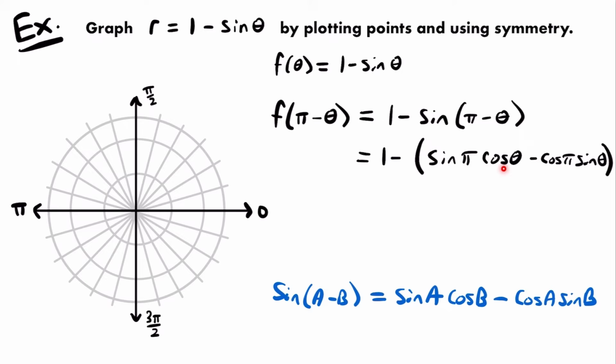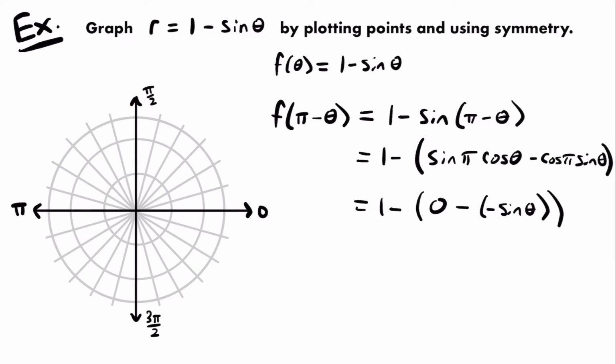So we have 0 times cosine theta, which is just 0. So this is equal to 1 minus 0 minus cosine of pi, which is negative 1. So we have negative 1 times sine theta. So we're subtracting negative sine theta. All right, but if we're subtracting negative sine theta, that's just going to be positive sine theta. So what we'll have is that this is equal to 1 minus positive sine theta.